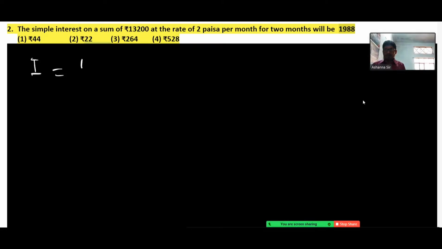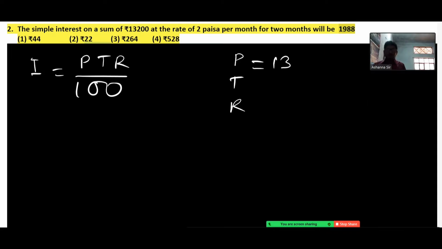I is equal to PTR by 100. So here we have principal 13,200 rupees, time 2, rate 2.